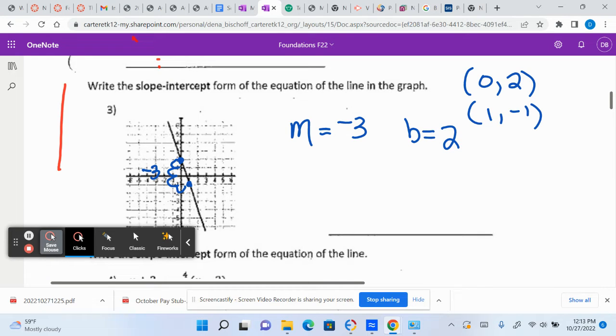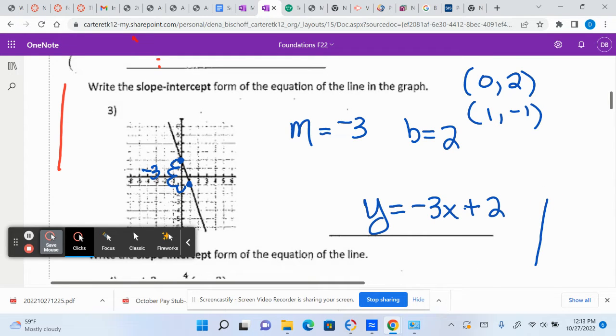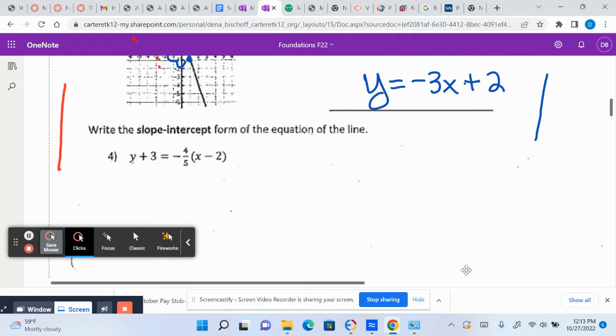So write the equation, Daniel. y equals mx plus b. y equals negative 3x plus 2. Perfect. Does everyone feel good about that one? Yeah. Okay. Easy. All right.